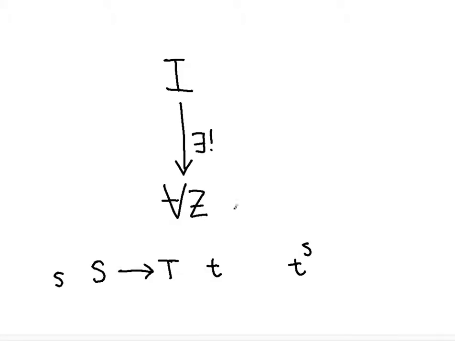Now if we think about that, say we restrict to finite sets, what could I be such that Z to the I is always 1, no matter what we pick for Z? Well, anything to the 0 power is 1.